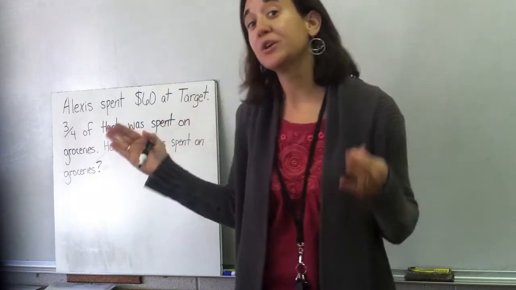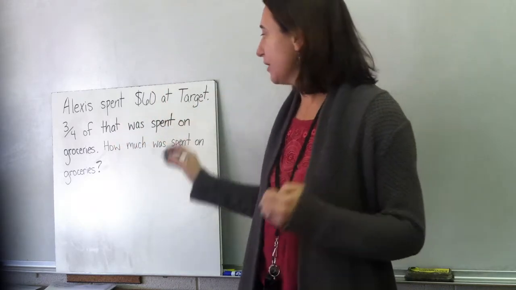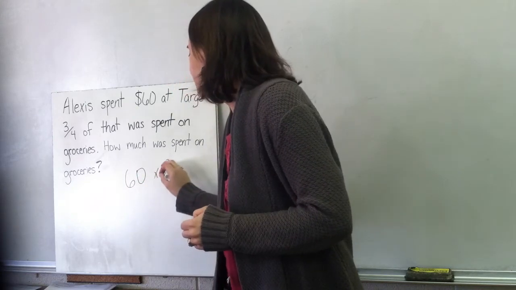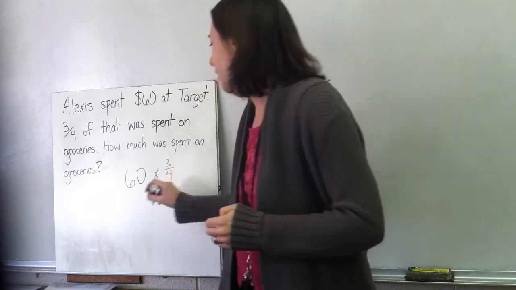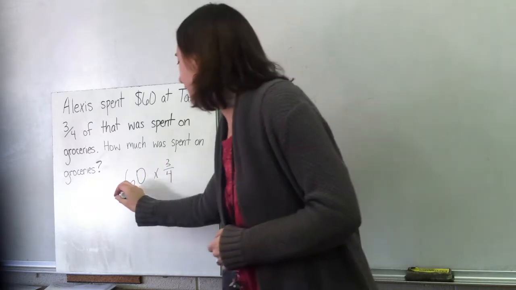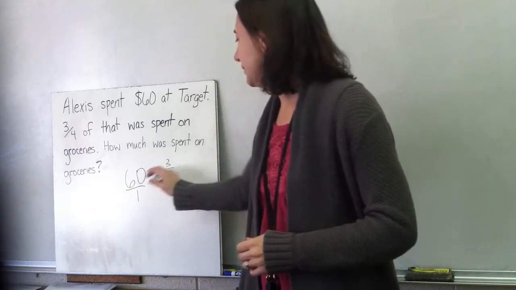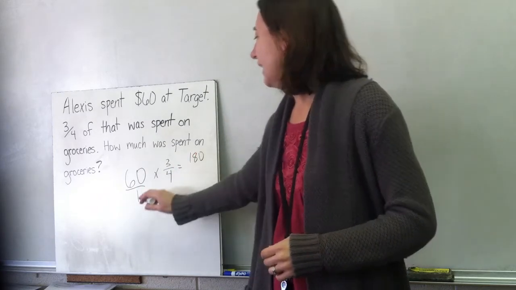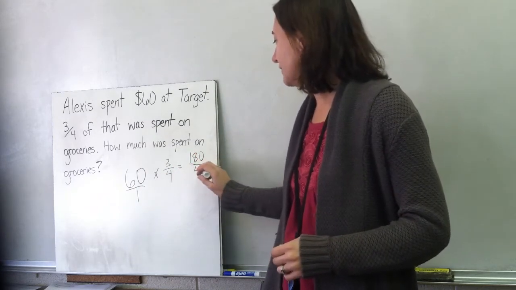Basically, if you were just doing this numerically, you would say, okay, I'm doing 60 times 3/4, and I know when I have a whole number, I need to put a 1 under it. So we do 60 times 3 is 180, and 1 times 4 is 4.